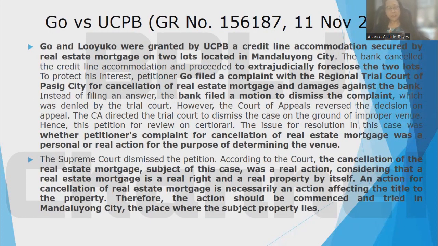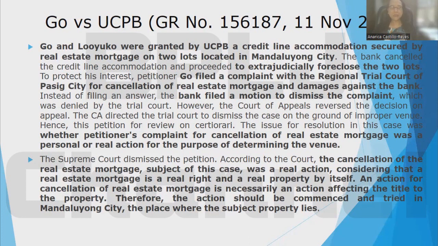Go versus UCPB. Go was granted by UCPB a credit line accommodation, okay, which was secured by a real estate mortgage on lots located in Mandaluyong. Now, upon default, okay, the bank extrajudicially foreclosed the two lots.